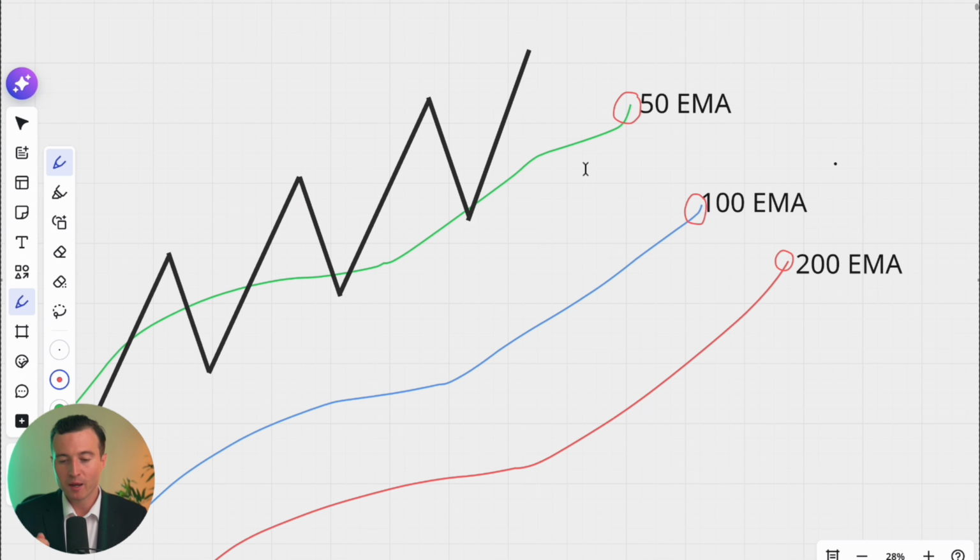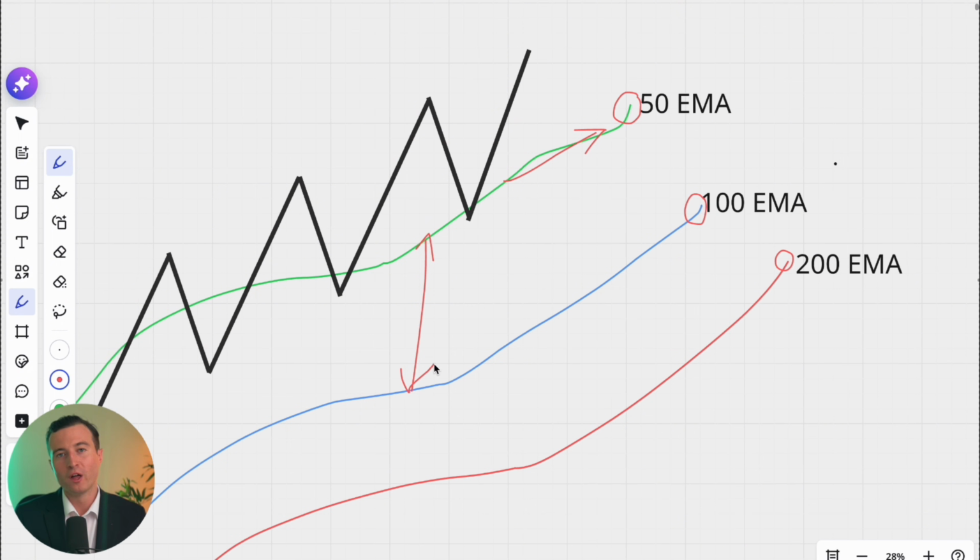It's very important to note that we do not care about the gradient of the exponential moving averages. We also do not care about the distance between them, because this would bring a lot of subjectivity into your trading. All that we care about is, are the EMAs in order?